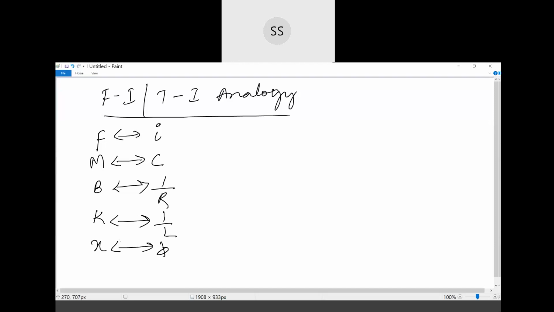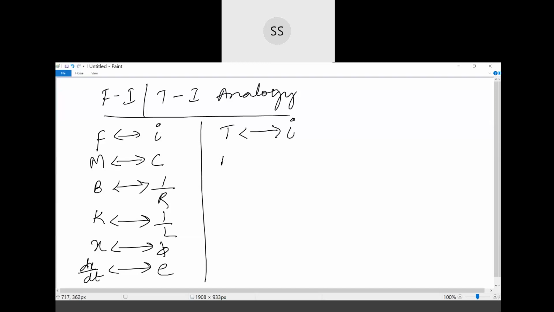X is analogous to phi. And one more we have, dx by dt, that is velocity, so that will be analogous to emf e. Similarly it is possible to write for the torque system also, just force will be replaced by torque, that's all.